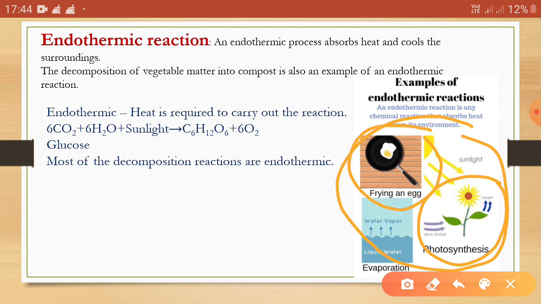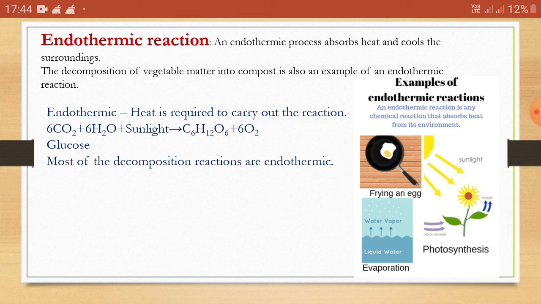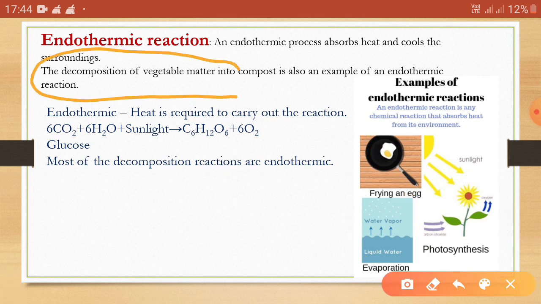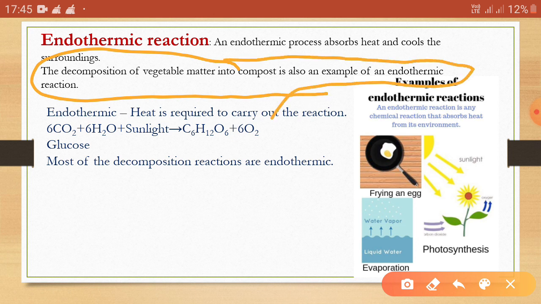When we fry an egg, it absorbs heat, and the evaporation process also absorbs heat. The decomposition of vegetable matter into compost is also an example of an endothermic reaction. So in an endothermic reaction, heat is required to carry out the reaction.